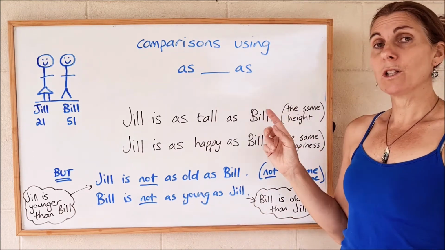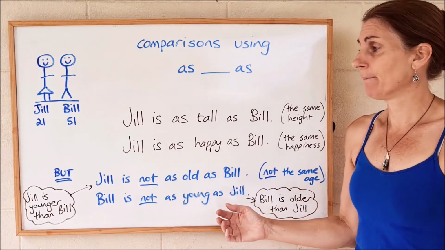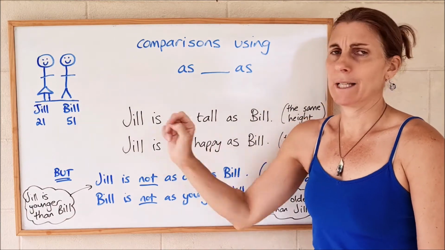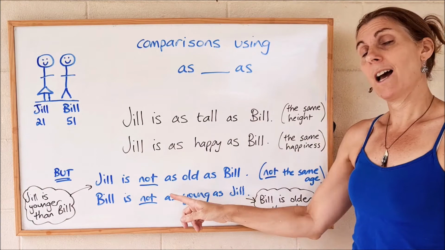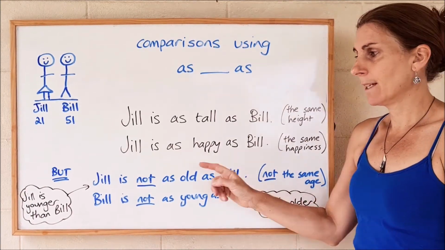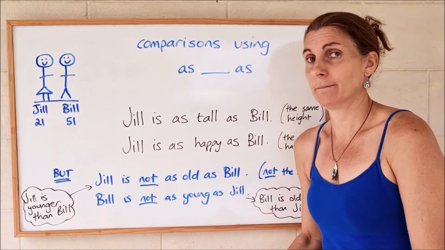We can also use this with the negative to say they're not the same. So here Jill is 21 years old, but Bill is 51 years old. So Jill is not as old as Bill. So they're not the same age. This is the same as saying Jill is younger than Bill.